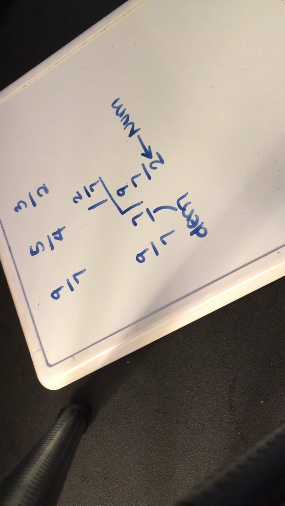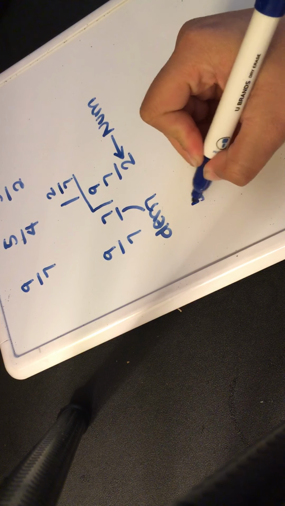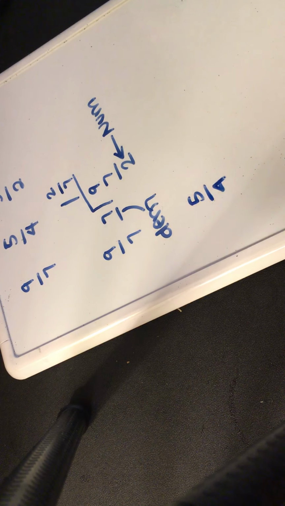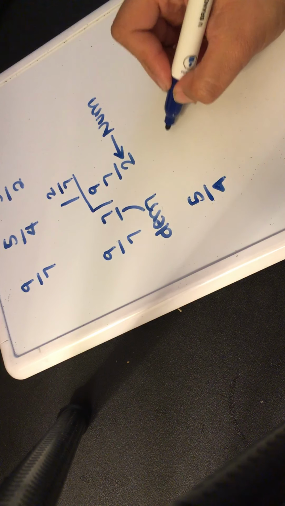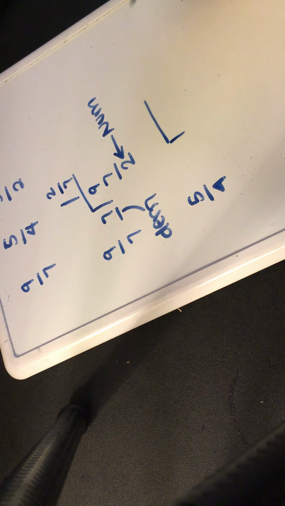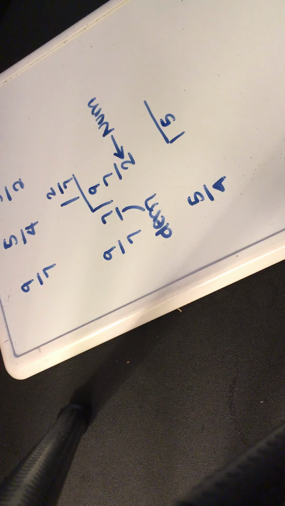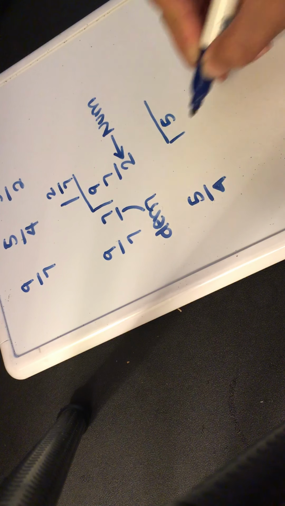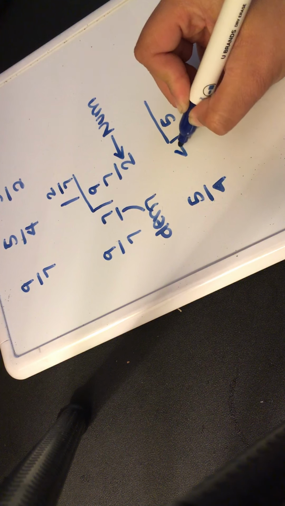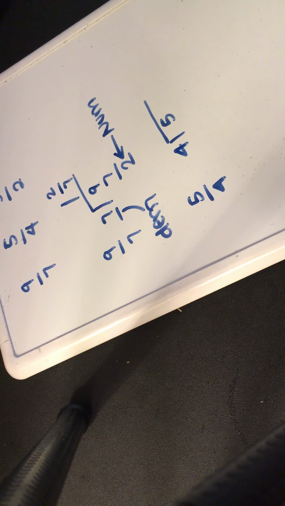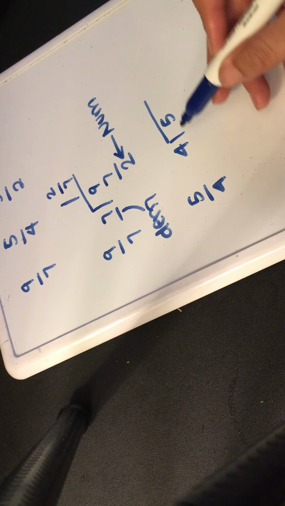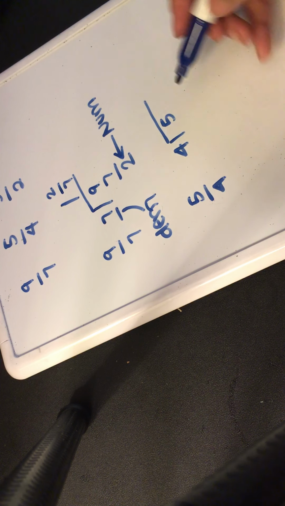Okay, so let's do 5/4. Take out that division sign. Your numerator goes on the inside of the division sign. Your 4, or your denominator, will be on the outside. Then you go ahead and divide. So 4 times what will give me 5 or close to 5?